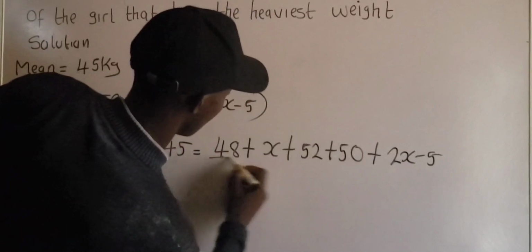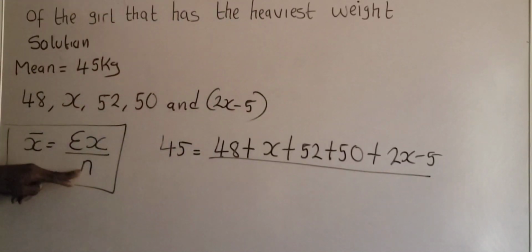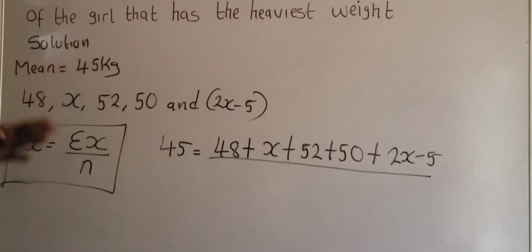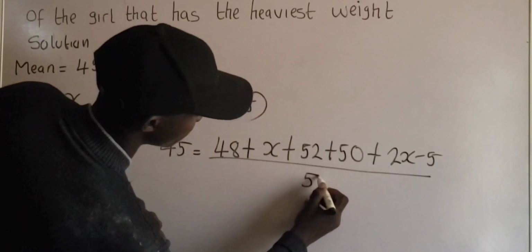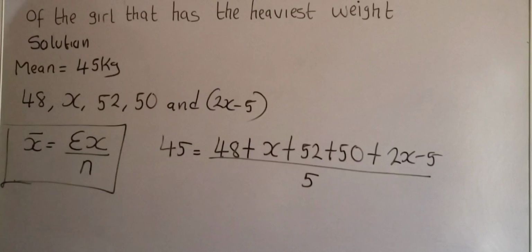You understand? All over n. n is the total number of observations, and in this case, the observations are the weight of the girls in kilograms. So the total n is 5. You understand? Okay, now let us proceed.